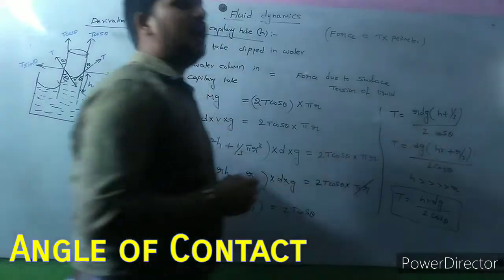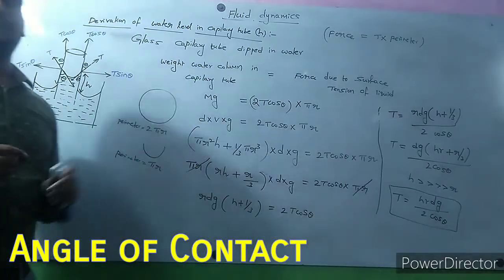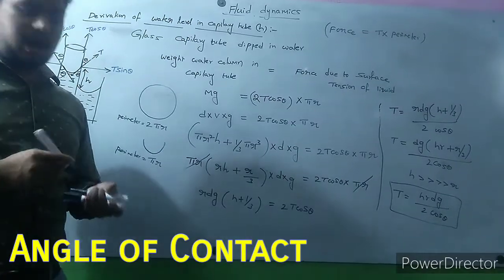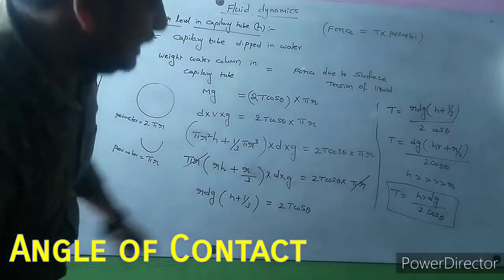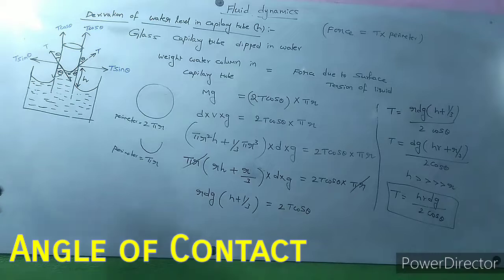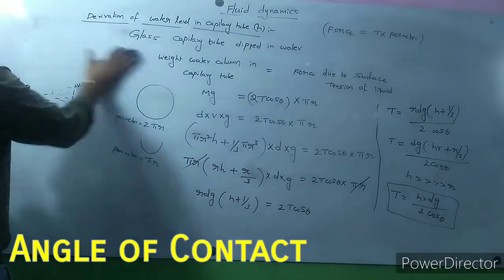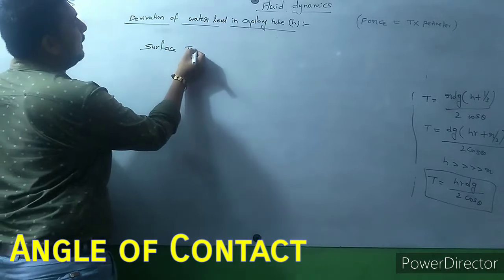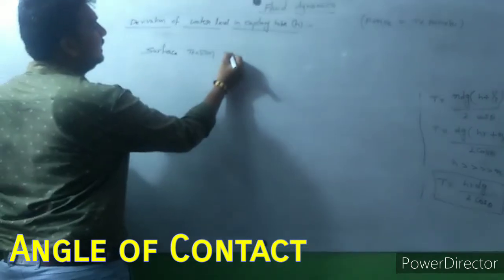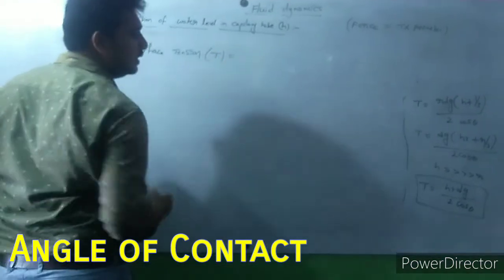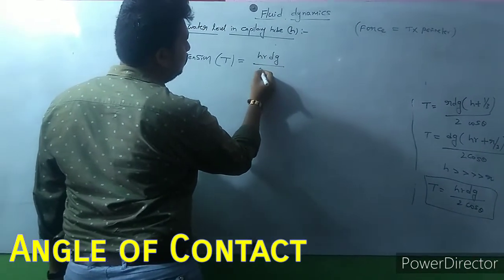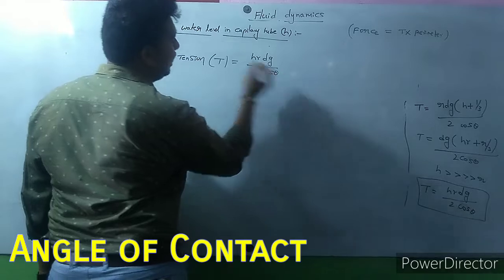So finally we got the formula for surface tension: T is equal to hr d g by 2 cos theta. This formula is very important.